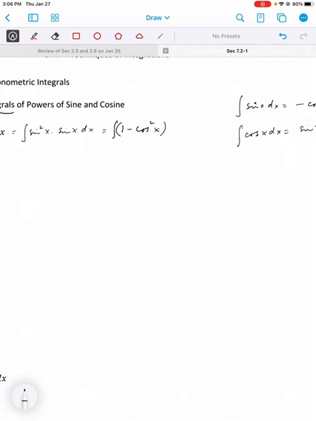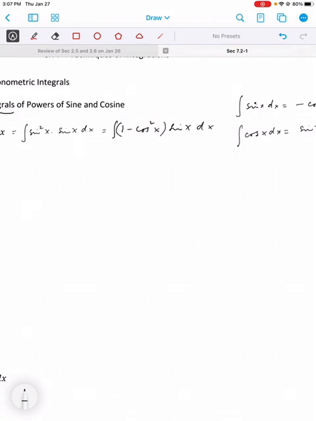Now you have to decide whether to use integration by parts or substitution. Most often in these problems substitution works, because remember the derivative of cosine is negative sine and the derivative of sine is cosine.